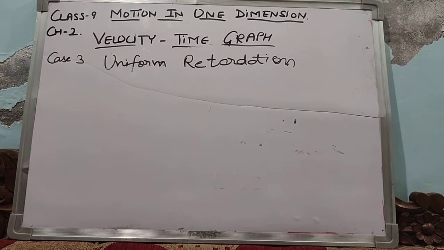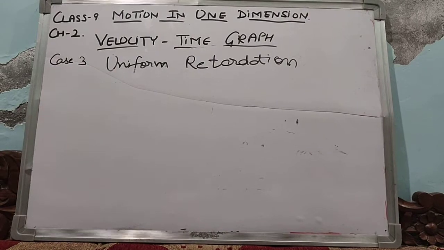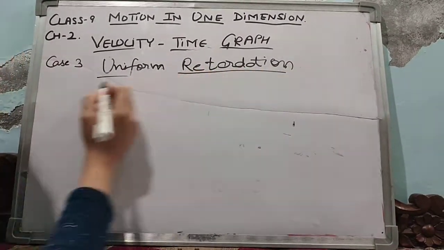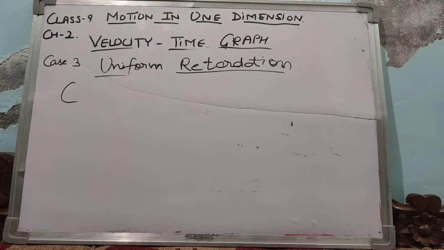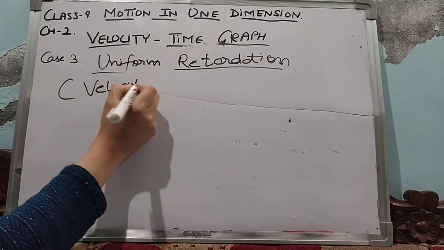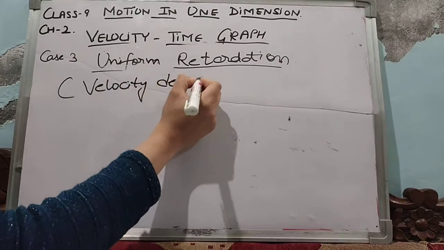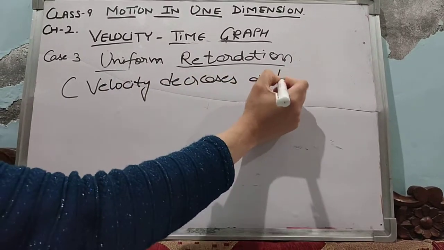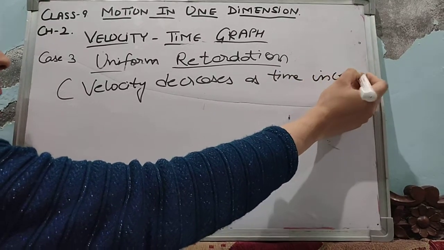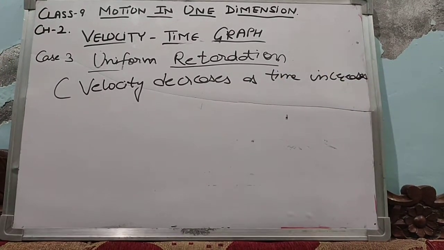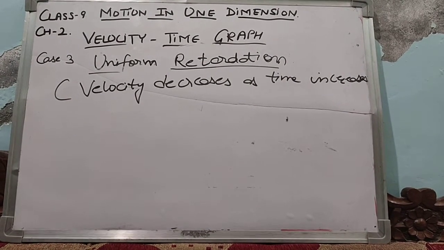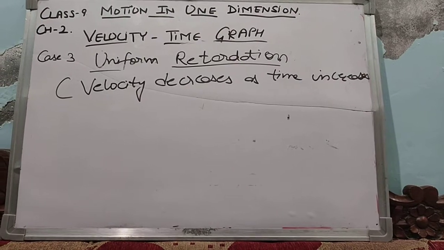Now third case is uniform retardation. Means if a body is in motion with uniform retardation. What do you mean by uniform retardation? It means that velocity of a body decreases as time increases. So what will happen when we have to plot a graph for uniform retardation?